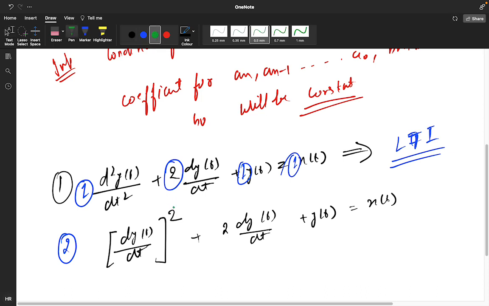Due to the whole square, it is coming non-linear. So it will be non-linear, but it is time invariant because the coefficients are constant. So this is making non-linearity.